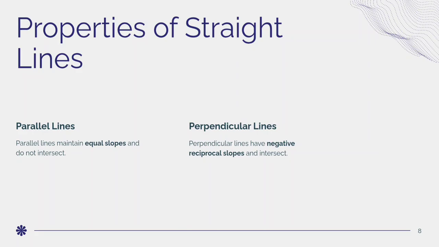Parallel lines maintain equal slopes and do not intersect. Then perpendicular lines have negative reciprocal slopes and do intersect. I have explained this point again. Listen carefully. Perpendicular lines have negative reciprocal slopes and also intersect.